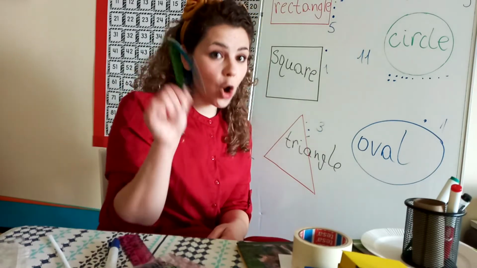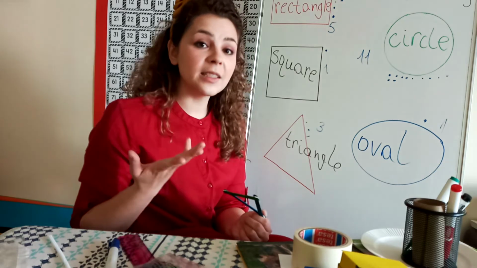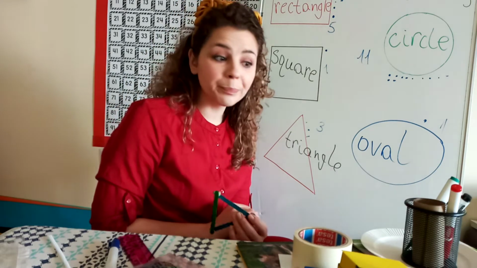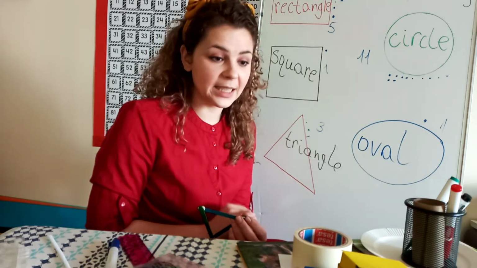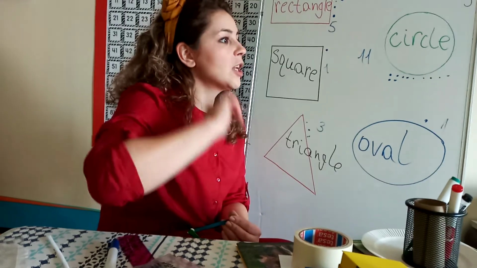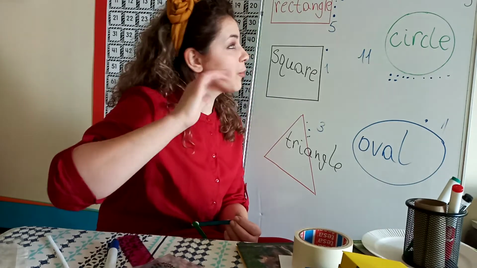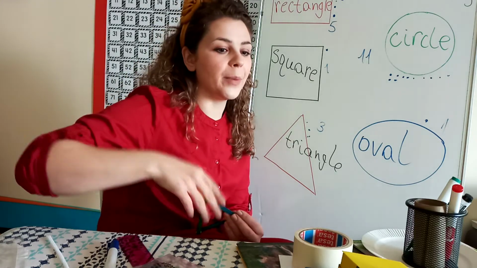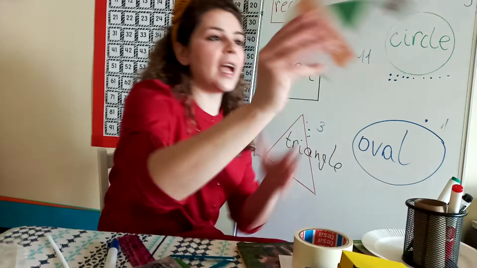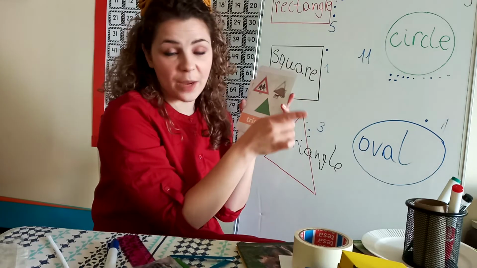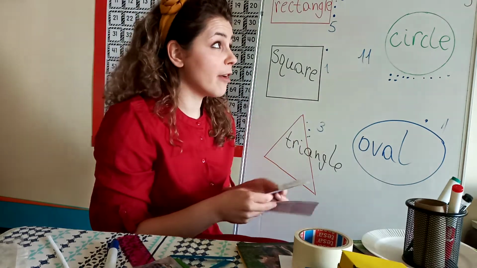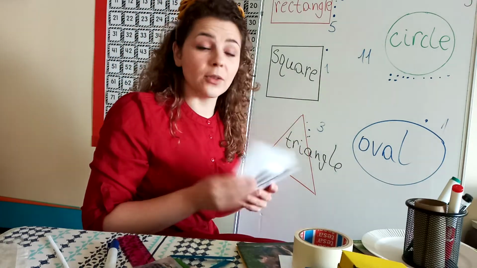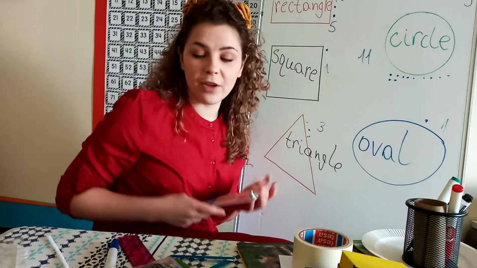And now my homework for you is that you go around your home and try to find at least one thing shaped like each of these shapes, okay? So once again, maybe a tea bag in the shape of a triangle, or maybe you have a clock shaped as a triangle. So take a close look at the things you have in your home.